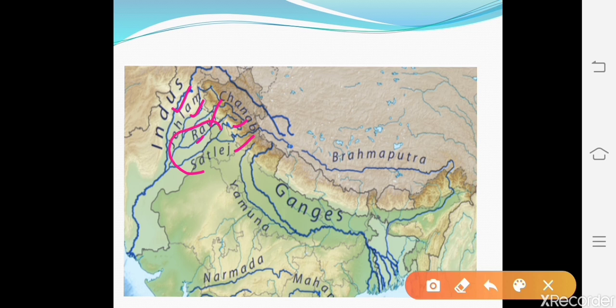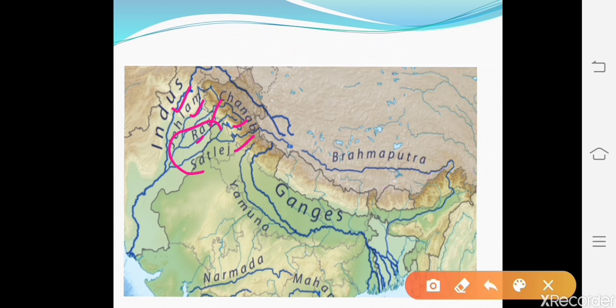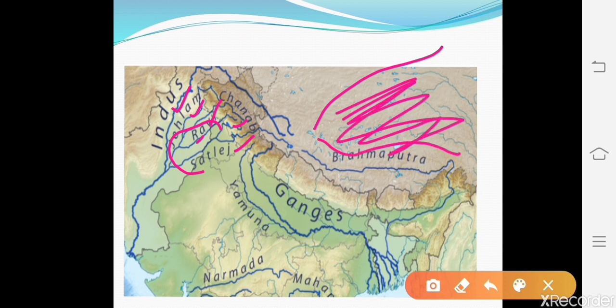The very famous thing of this plain are doabs. Now, doabs are taken from two words, do, that is two, and ab means water. Now, doab is a land between, suppose these are two rivers, and the land between two rivers is called doab.